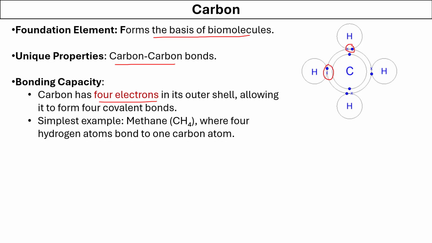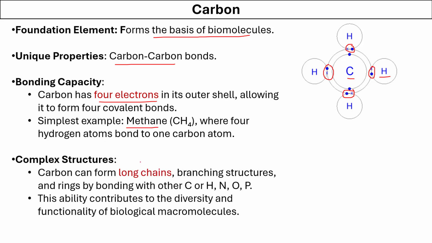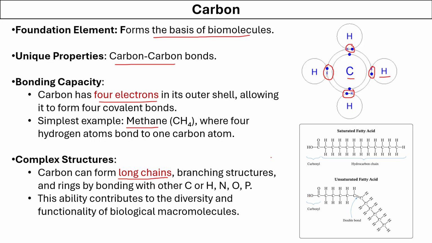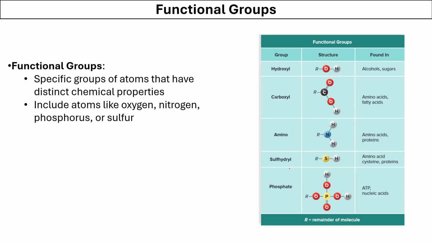Here it's forming 4 covalent bonds with 4 atoms of hydrogen, and it's making CH4, which is methane. Carbon can also make really long chains with itself and with other atoms, which is why it can make macromolecules, the huge molecules of biological systems.